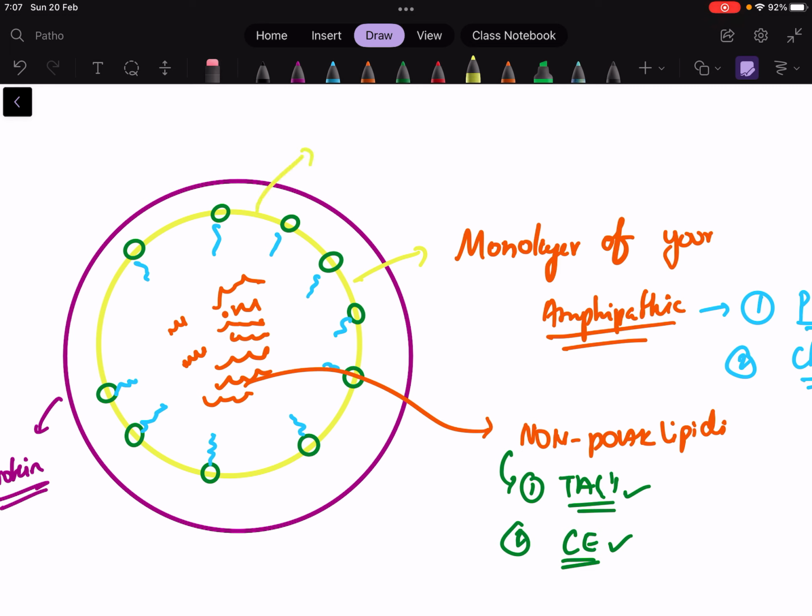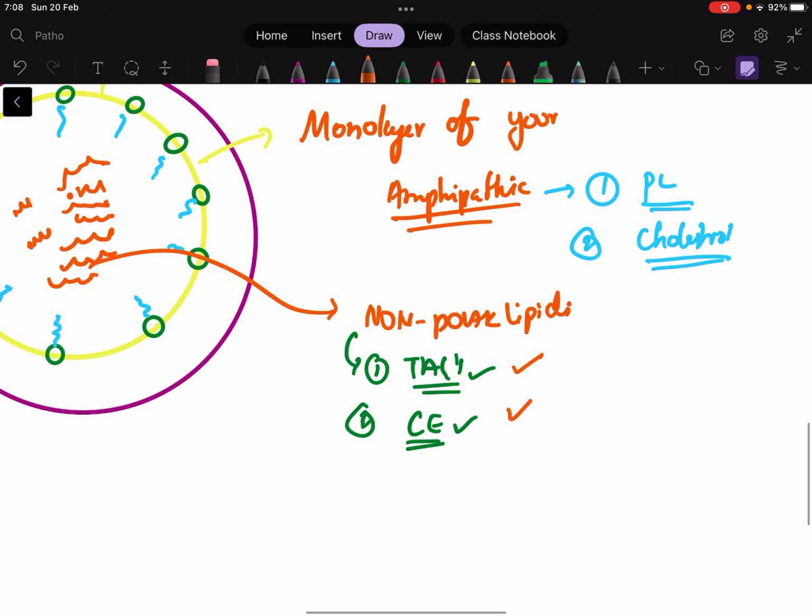The first lipid layer is your amphipathic lipid layer. There is a monolayer, meaning a single layer, of amphipathic lipids. And after that, the innermost core consists of non-polar lipids such as your TAGs and cholesterol esters.